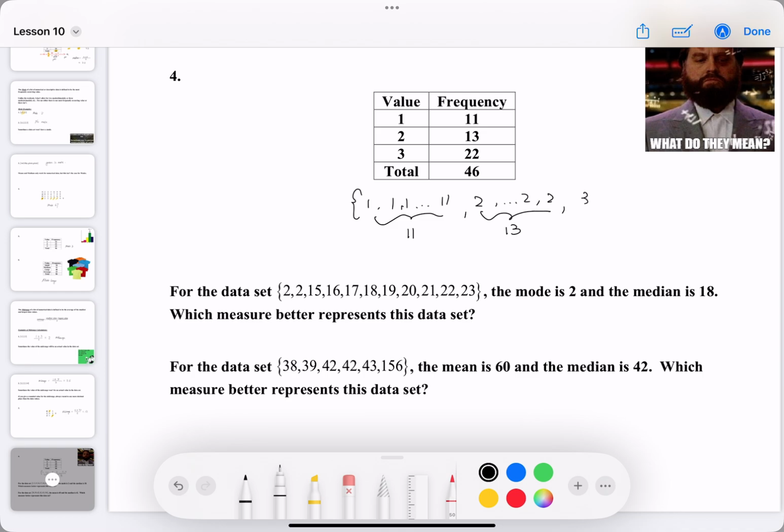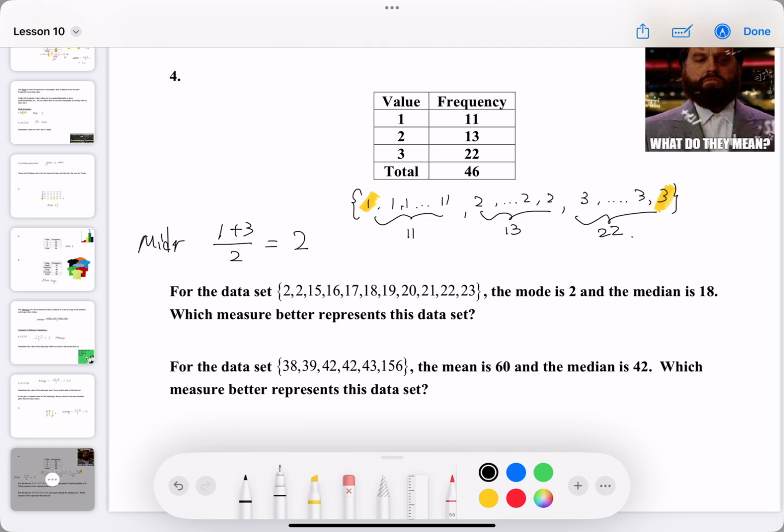And we have 3, 3, 3. We have 22 3s. Let me ask you, what is the smallest value? I don't have to list them, wasting time. The first value and the last value. So 1 plus 3, divided by 2. It is the mid-range. It is 2.